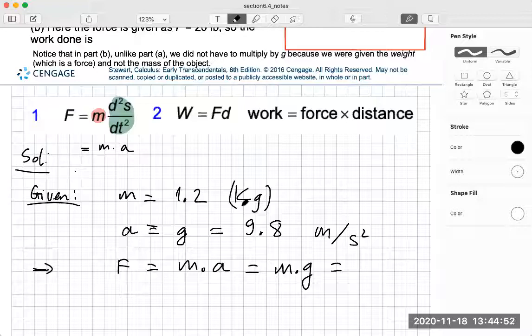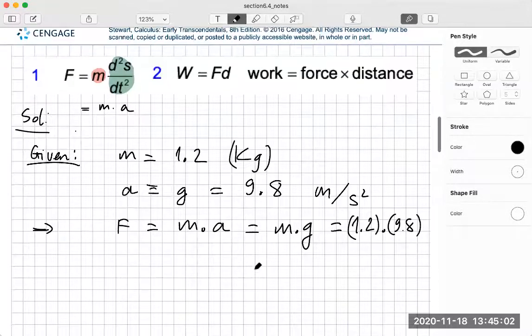Yeah, 1.2 times 9.8, which gives us 11.76, and the unit of this is Newton.